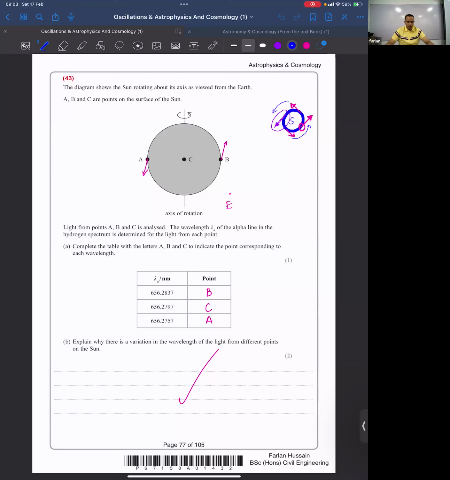The one which is moving away from us will have a high wavelength. So point B will be 656.2837, and the one which is coming towards us will have the least wavelength. Based on that, we have decided the 3 points. And point C is going to be the actual wavelength, which is not moving away or towards us.